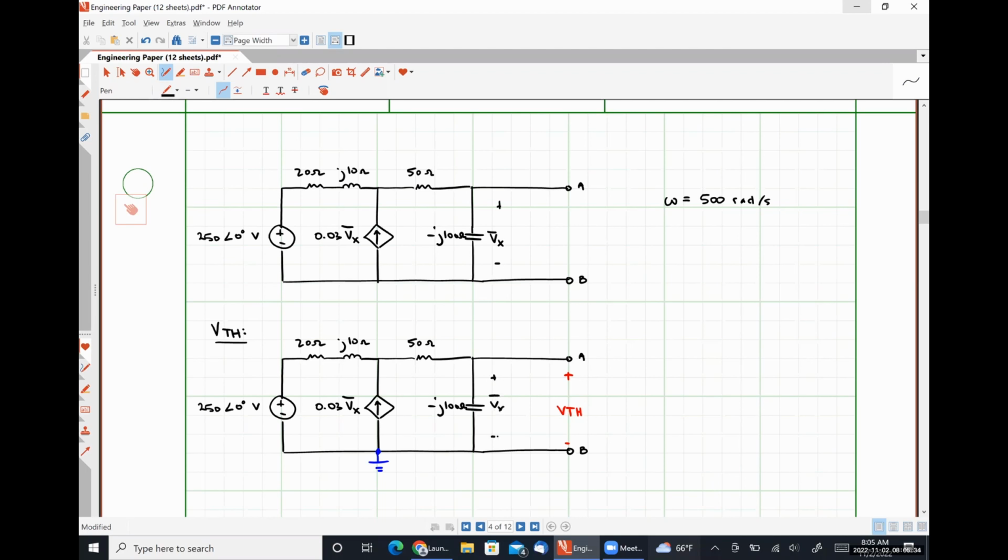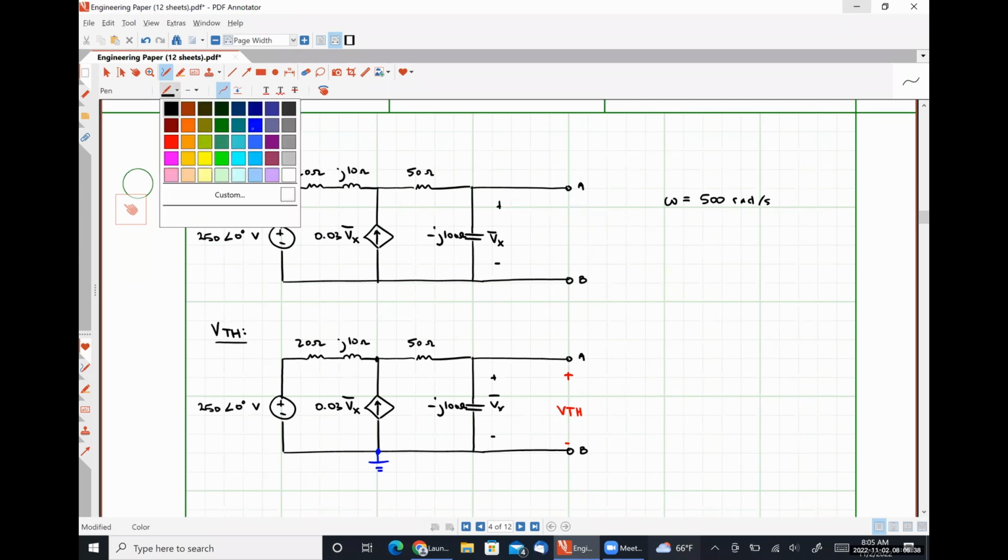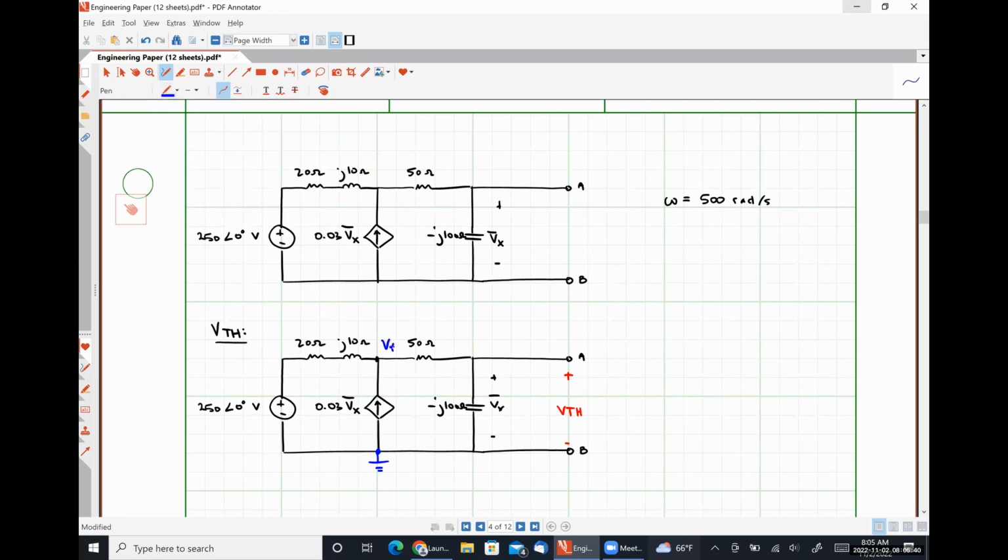Sorry about that. So if I make this nodal voltage, let's use Vy here. If I solve for that nodal voltage Vy, I can then use voltage division to get Vx pretty easily.